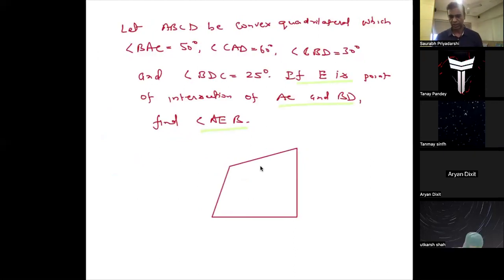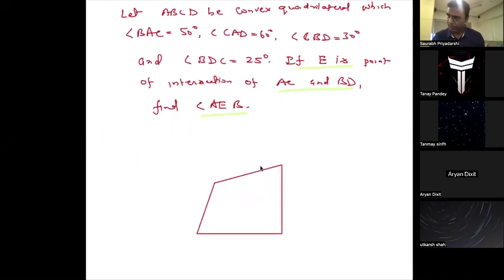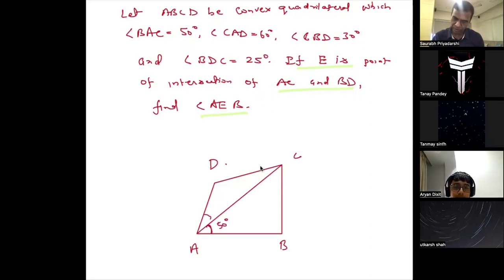So a quadrilateral A, B, C, D. I'll start with A, B, C, and D. Angle BAC is given as 50 degrees. CAD, the next one, is given as 60 degrees.